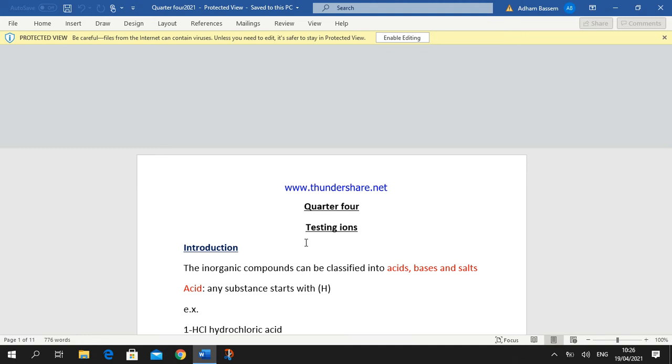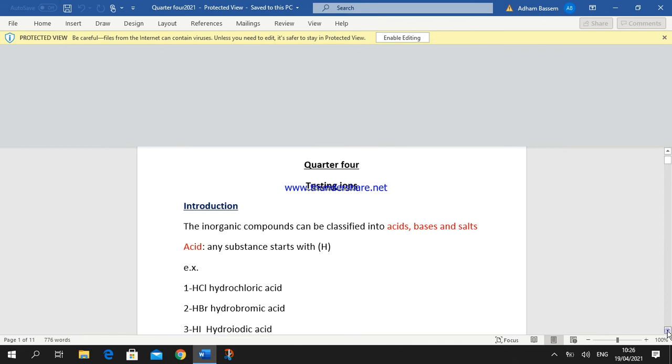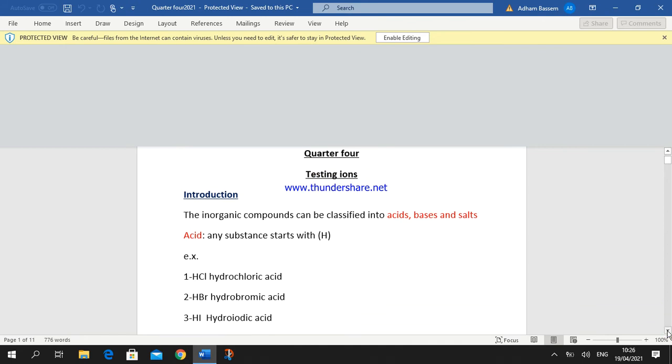Let's start with acids. What is meant by an acid? An acid is a substance that dissociates in water and gives hydrogen positive ion, which is responsible for the properties of acids, like sour taste and turning litmus paper red.